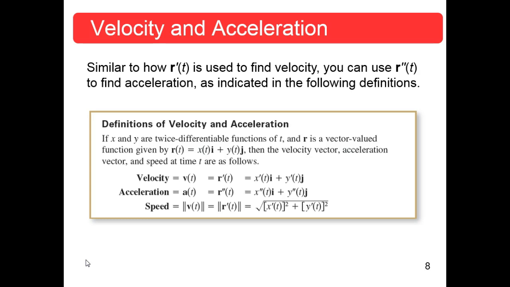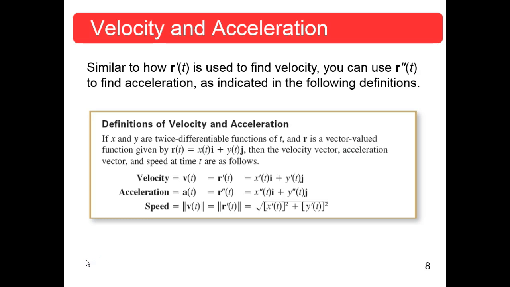All right. Similar to how r prime is used to find velocity, you can use r double prime to find acceleration, as indicated in the following definitions. If x and y are twice differentiable functions of t, and r is a vector valued function given by r of t equals x of t i plus y of t j, then the velocity vector, acceleration vector, and the speed at time t are given as follows. The velocity v of t is r prime of t, which is x prime of t i plus y prime of t j.